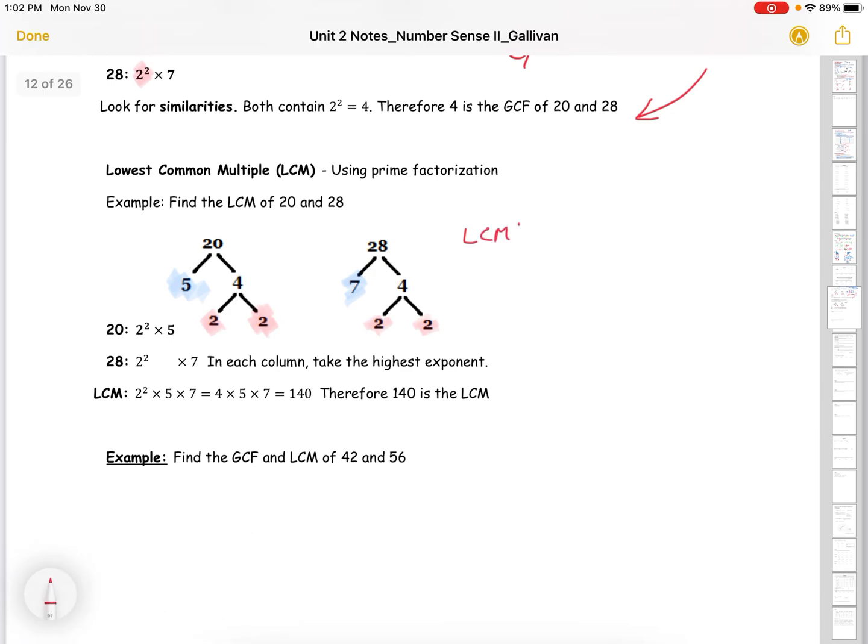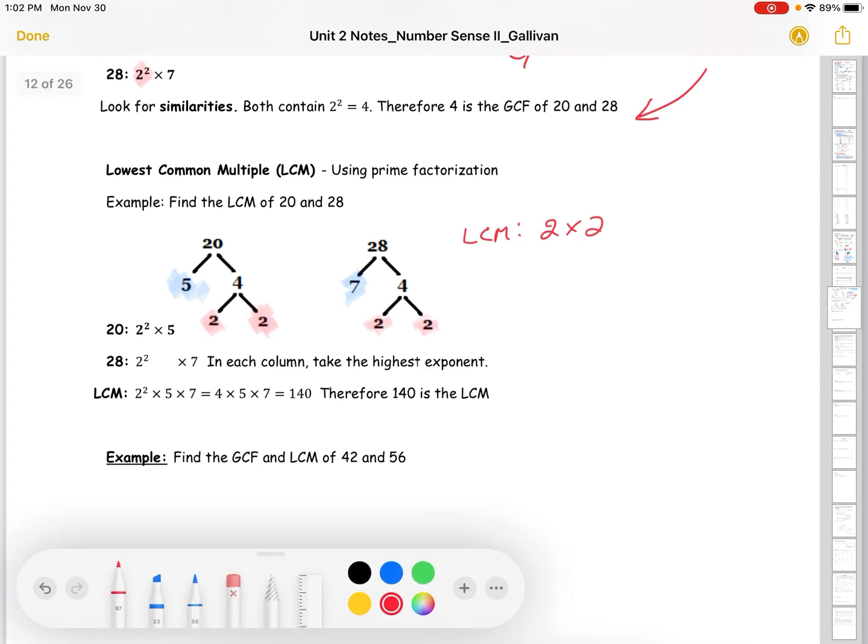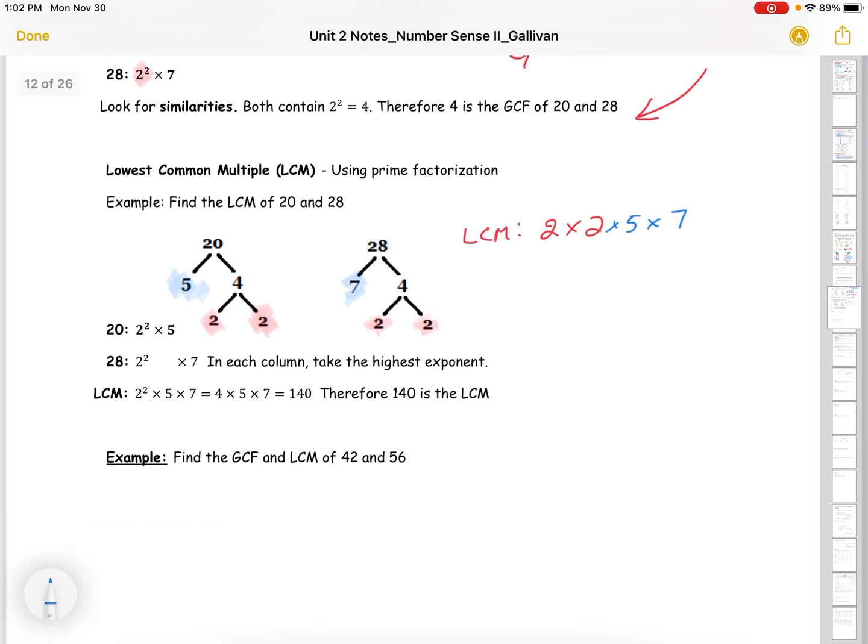So my lowest common multiple will have from both 2 times 2, and then from each times 5 times 7. So my lowest common multiple of each of these is going to be equal to, where's my answer? Let's figure that out.